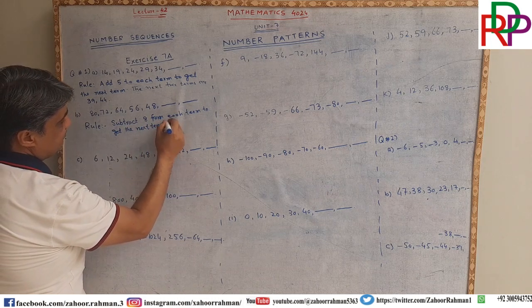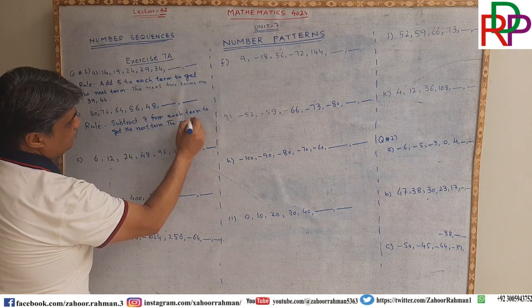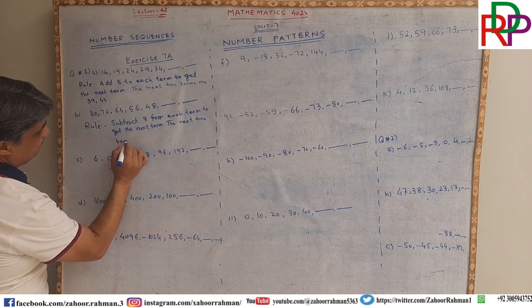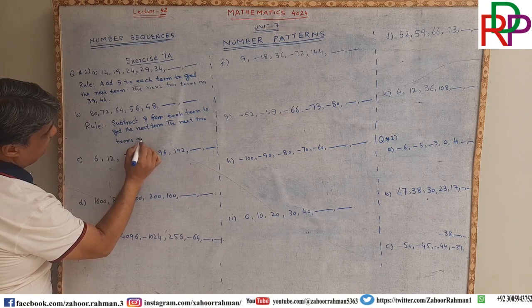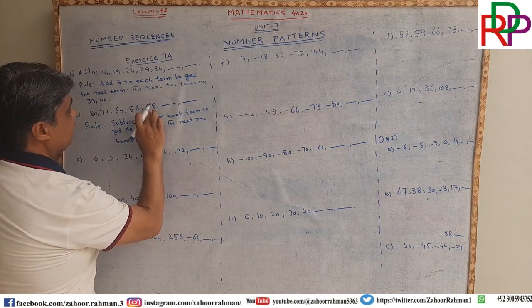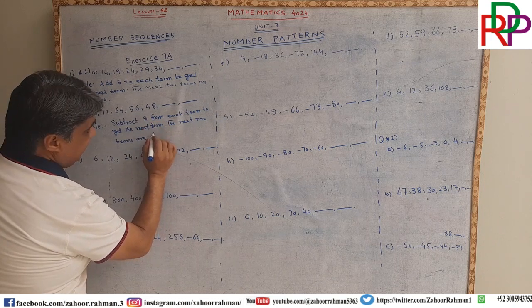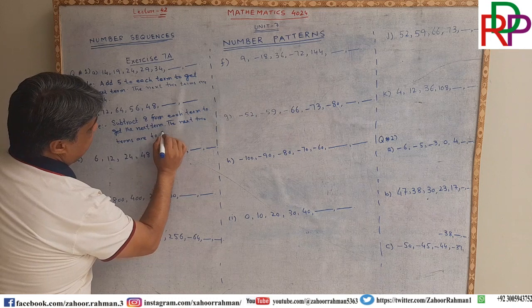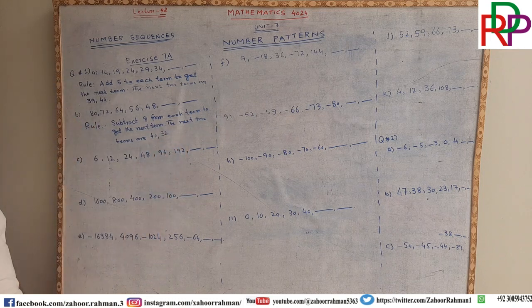The next two terms are: if we subtract 8 from 48, we get 40, and the next will be 32, because if we subtract 8 from 40, we get 32.